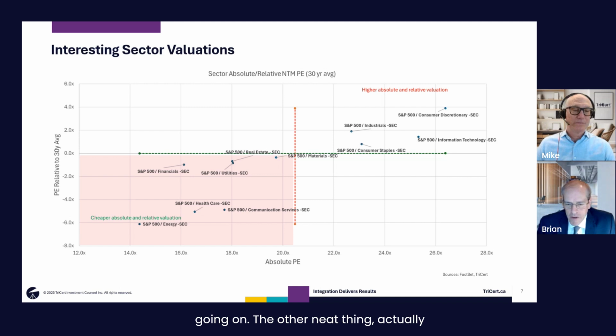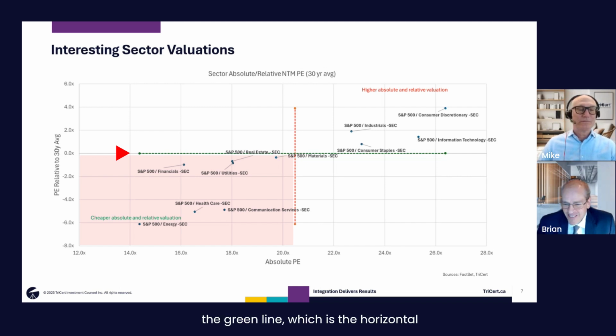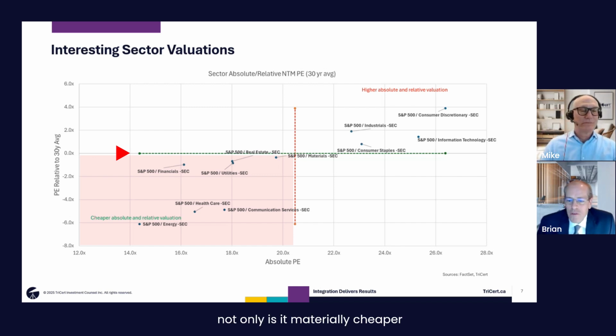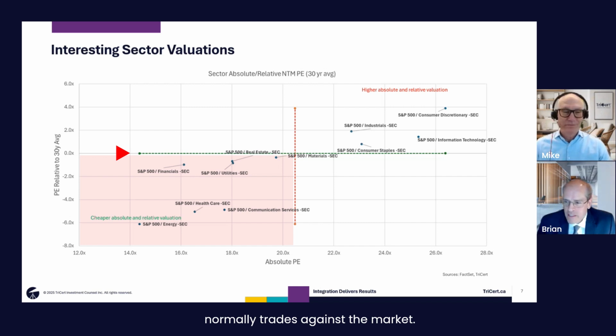The other neat thing, actually, right where you've circled there, the bottom left part of that quadrant. So not only do we have the red line in the vertical axis that shows you where it trades relative to the market, the green line, which is the horizontal line, describes where those things normally trade against the market. So not only are they cheap, let's take the healthcare sector as an example. Not only is it materially cheaper than the market, it's actually significantly cheaper than where it normally trades against the market.